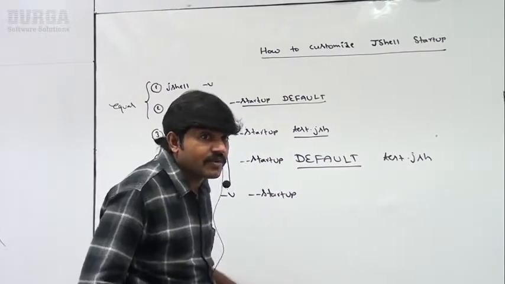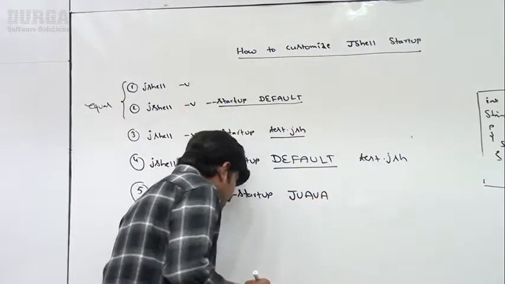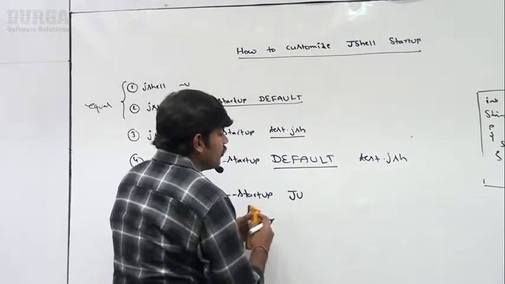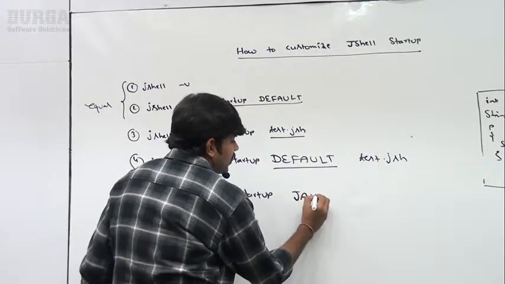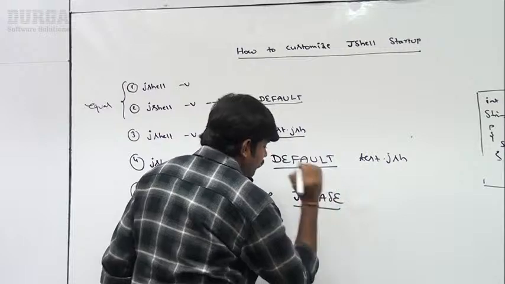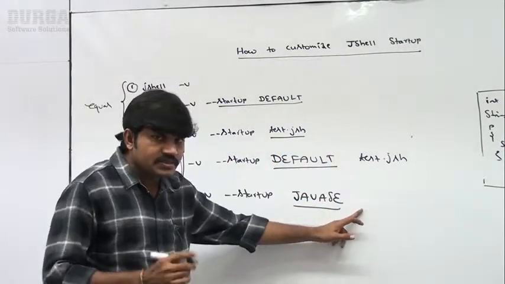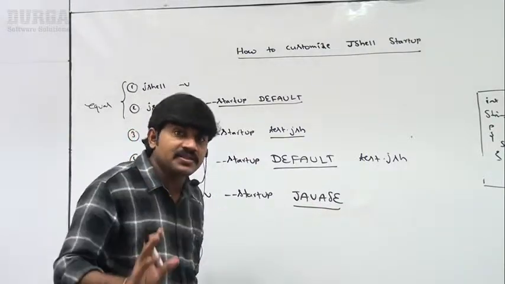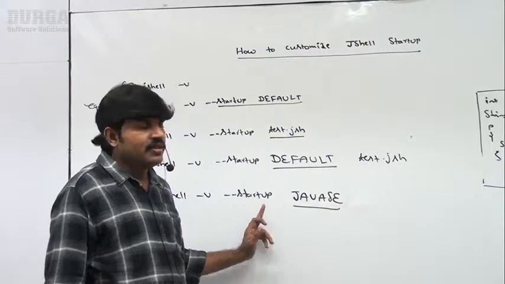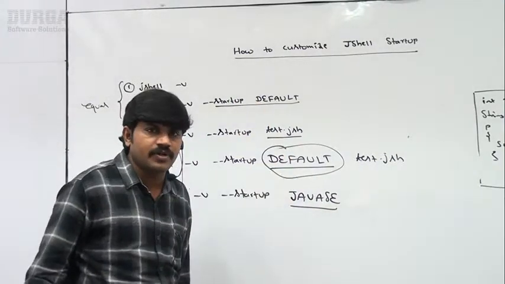What is the constant I require to use, right? Java SE. Are you getting it right? Sir, we require to use Java SE. Sir, now my test.jsh snippets are not available. Only 173 package imports are available by default. Of course, the default things are also there by default, sir.